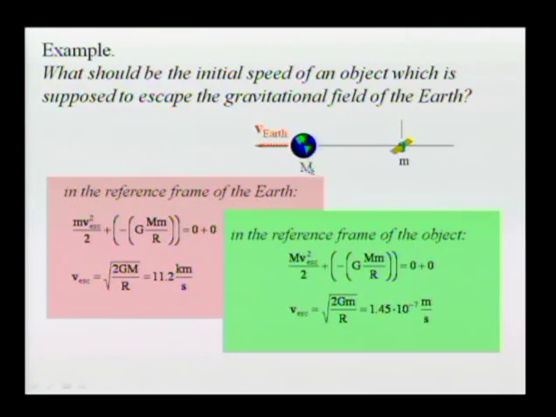Now, how many times should the acceleration of the spacecraft be greater than the acceleration of the Earth? Correct. Exactly like the ratio of the masses, right? Now divide mass of the Earth by mass of the spacecraft. What's a reasonable value for the mass of the spacecraft?